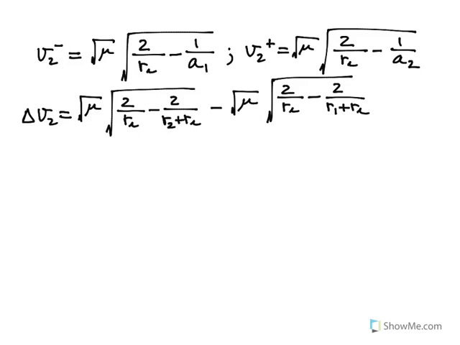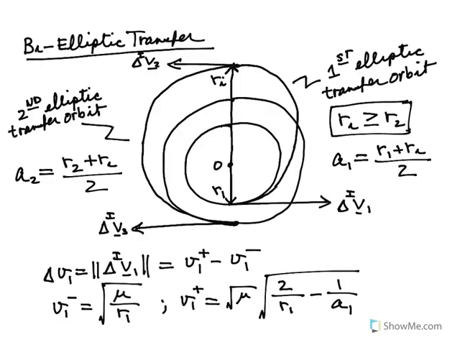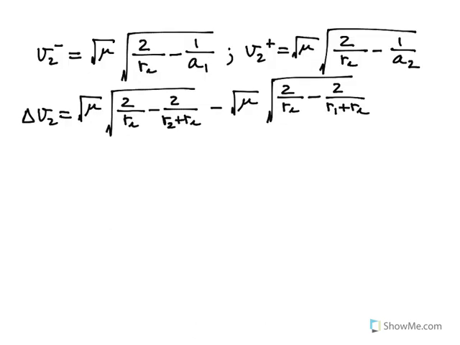So if you see, I used each one of the semi-major axes in succession, R2 plus Ri and R1 plus Ri, and I have the difference between these two velocities as my delta V. So now let's actually simplify this.